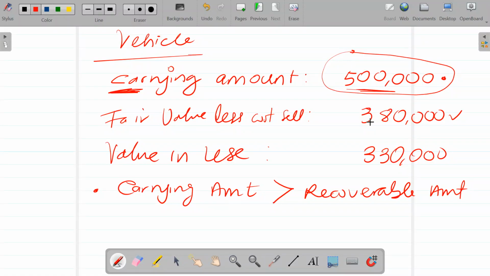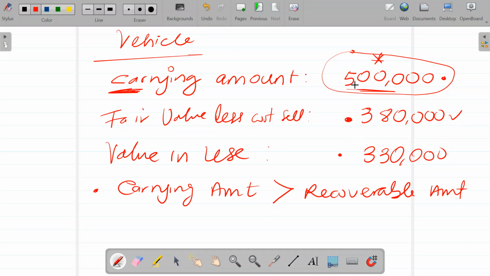But if we decide to sell the asset, we are getting 380,000. If we decide to use the asset, we are getting 330,000, so the benefit is less than what we have stated here. Do you get it? Which means this figure is not correct.